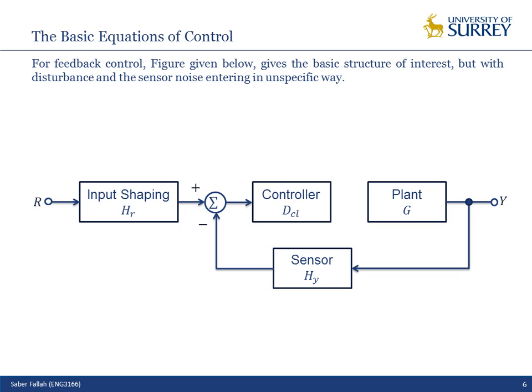The error between the output of the sensor and the reference input gives you the error signal, and the error signal goes to the controller. And the controller needs to function such that it makes the error 0. So it adjusts the input to the plant or generates a control signal U such that the error goes to 0 in a finite value of time.